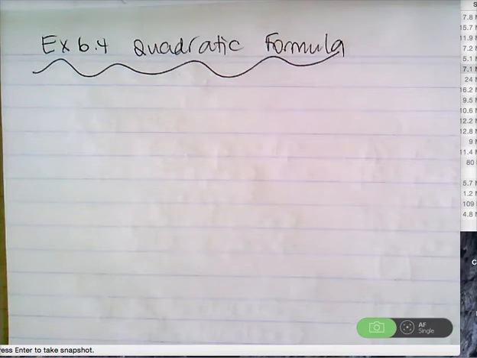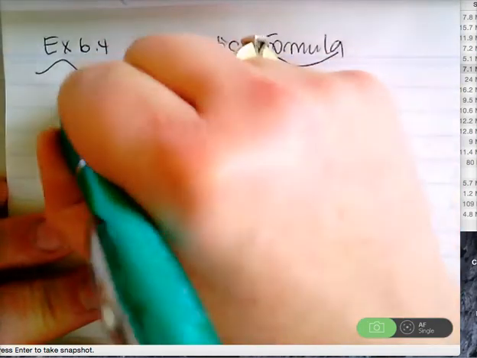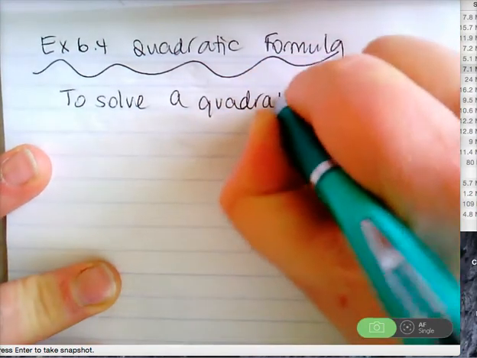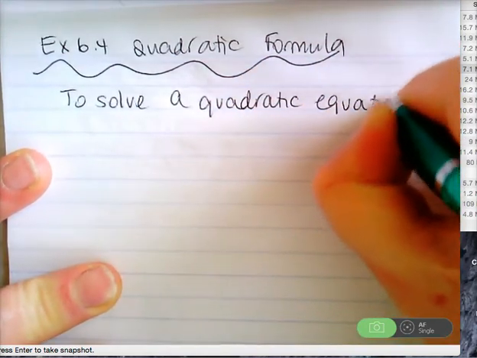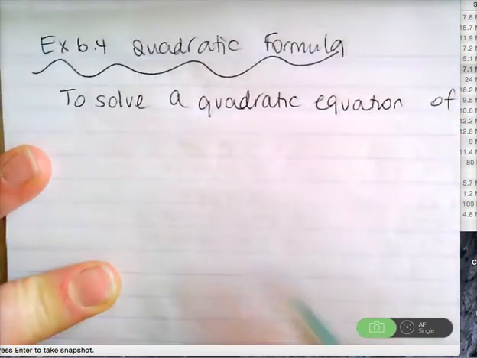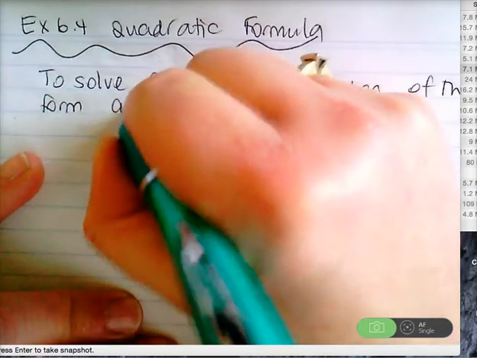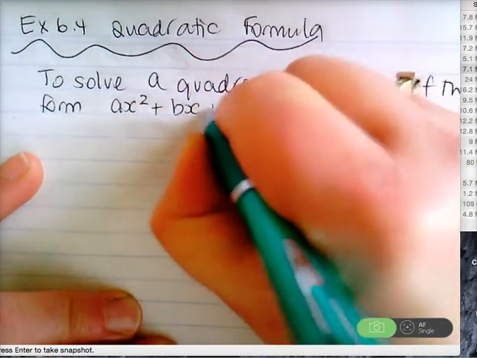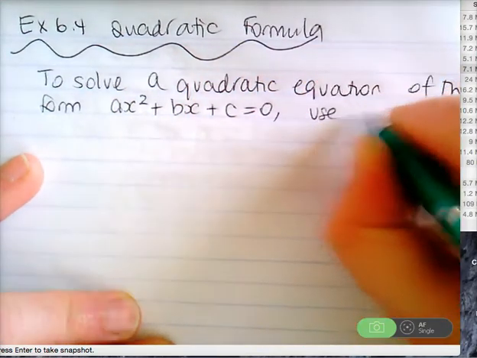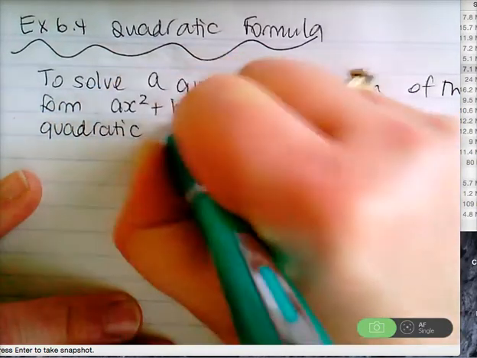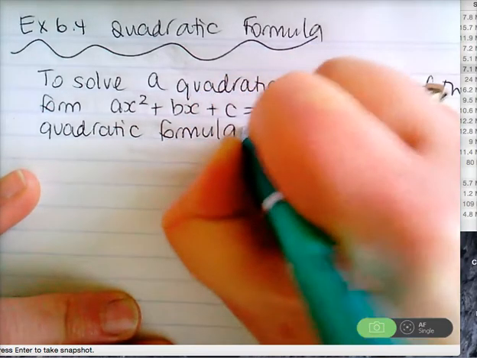Exercise 6.4, quadratic formula. If you can't solve a quadratic equation, you can use the quadratic formula. So to solve a quadratic equation of the form ax squared plus bx plus c equals 0, we can use the quadratic formula, which is, who knows it?